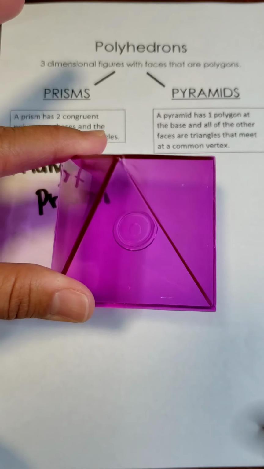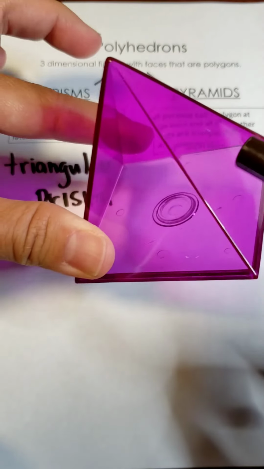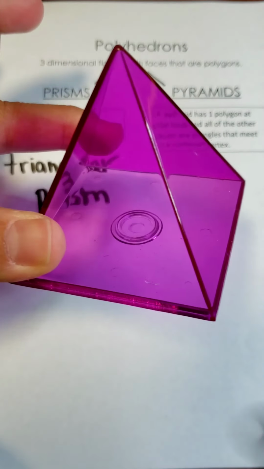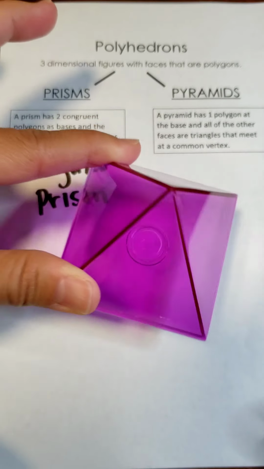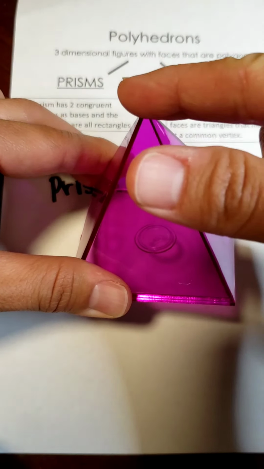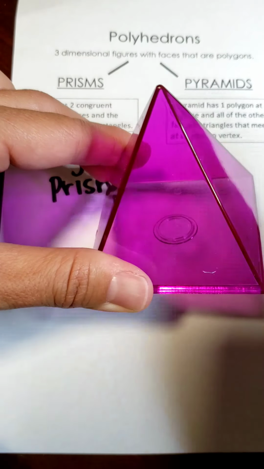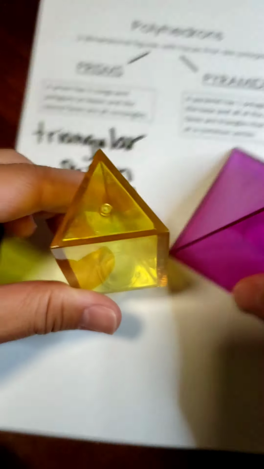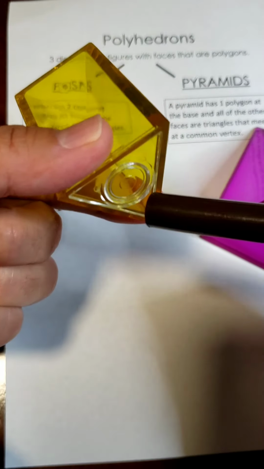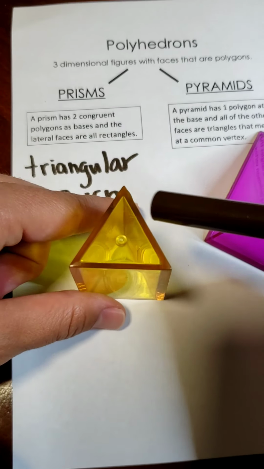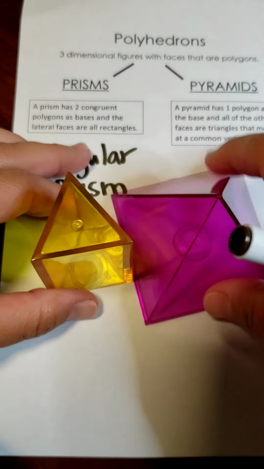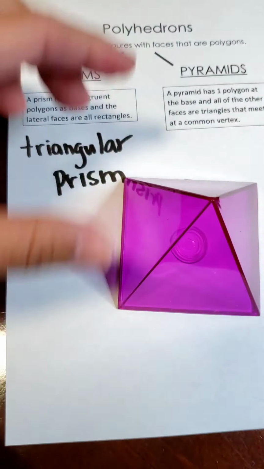So we have our base, and then all the other faces all around are going to be triangles. That's what's going to make this polyhedron a pyramid. And if you notice, all of those faces meet up here at one point. So when it comes to prisms, prisms have the same shape on the top and the same on the bottom. They don't really all meet at one vertex like the pyramid does. And that's very important.